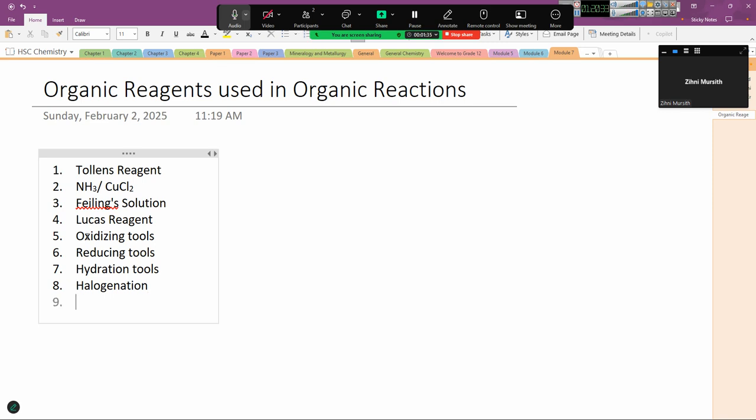And then finally, after that we have sodium and sodium amide, NaNH2. So the function of this reagent, because they are very famous.